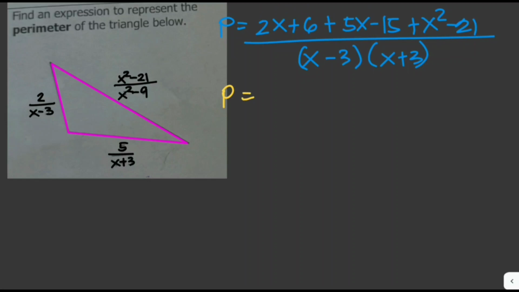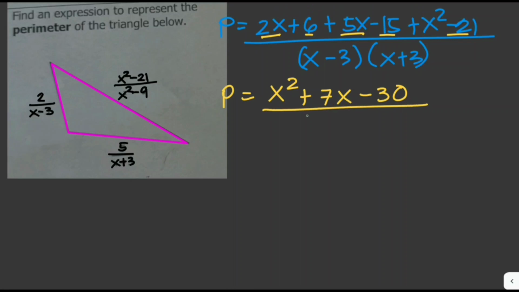Then we group like terms. So we have x squared. We group 2x and 5x. That would be 7x. Then 6 minus 15 minus 21. That would be negative 36 plus 6, and we have negative 30 over x minus 3 times x plus 3.